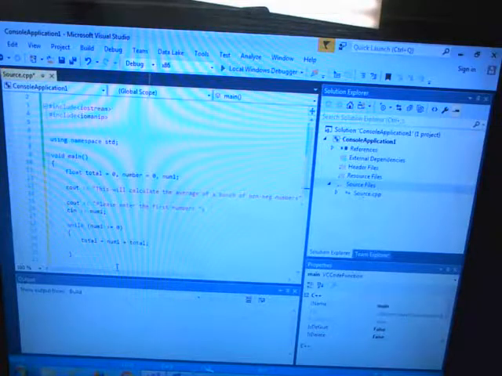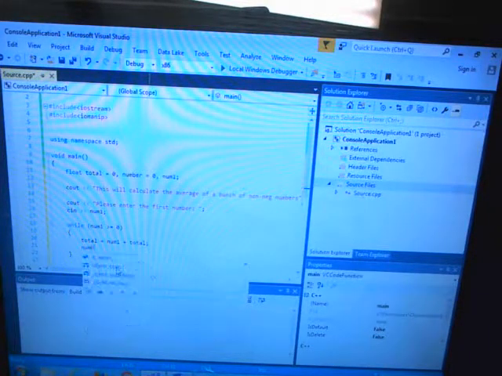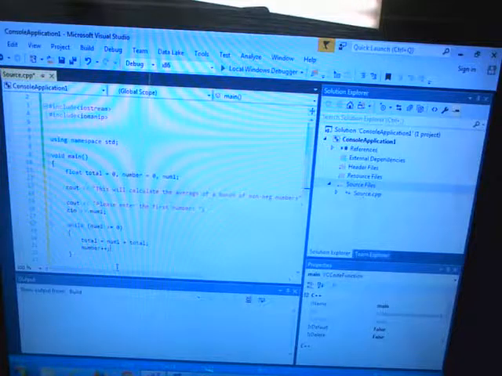Now what? We need to increment number. We now have one positive number, so we need number plus plus. Okay. So now we need to tell them to enter the next number, don't we?